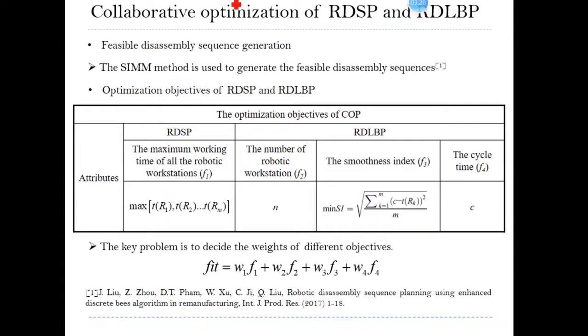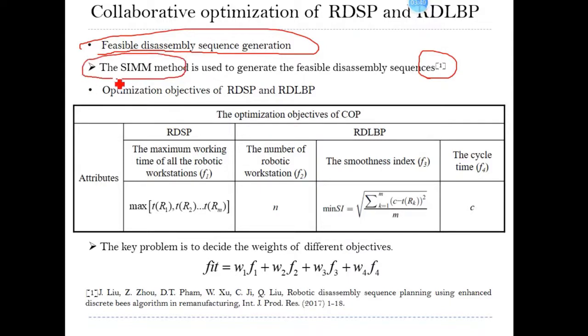First, we need to know what the feasible disassembly sequence generation is. In this publication, we can find more details about SIMM, and this method is used to generate the feasible disassembly sequence. After that, we include 4 indicators about the RDSP and RDLBP.